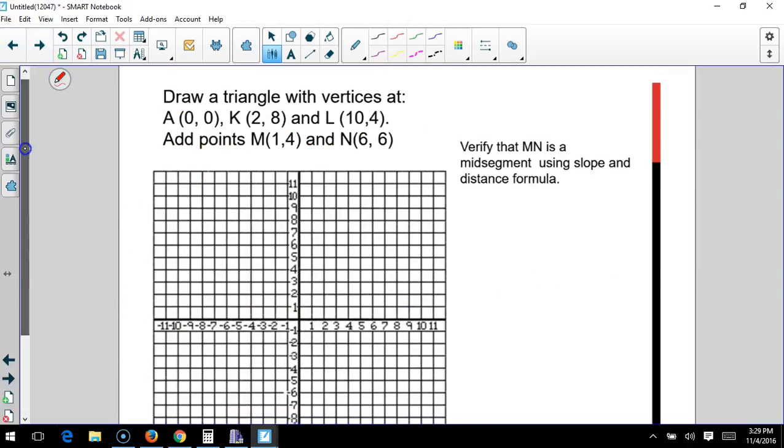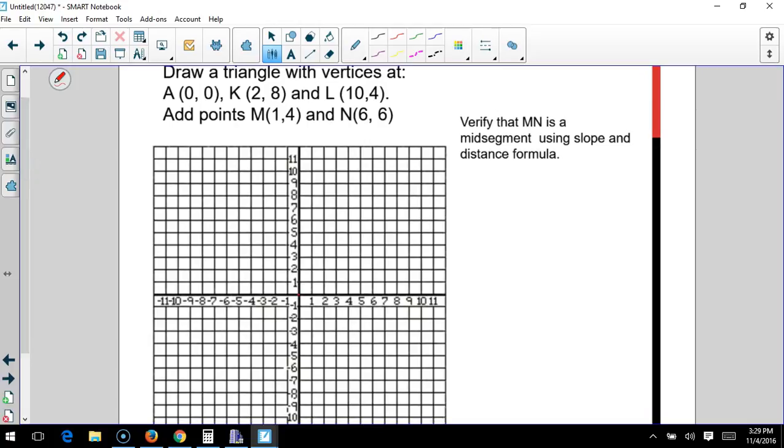Draw a triangle with these vertices. So 0, 0, 2, 8, and 10, 4. I'm going to use my straight edges.